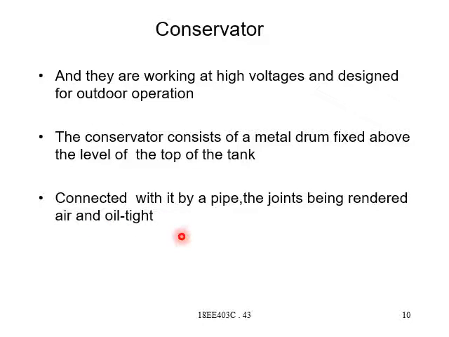So the connection between the conservator and the tank is made by a pipe. The joint from the tank to the conservator through the pipe is rendered air and oil tight, so as not to allow any moisture content from the atmosphere into the transformer tank.